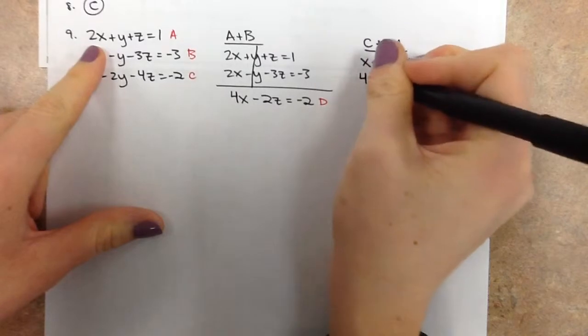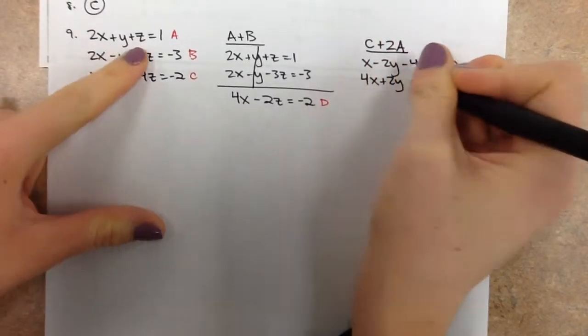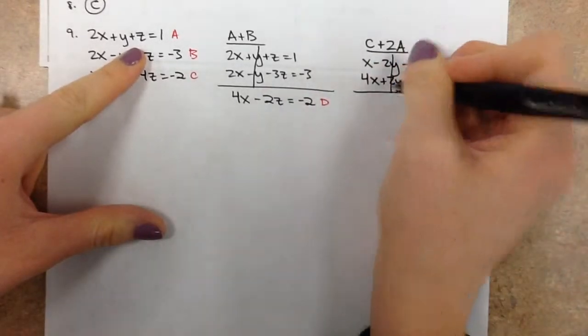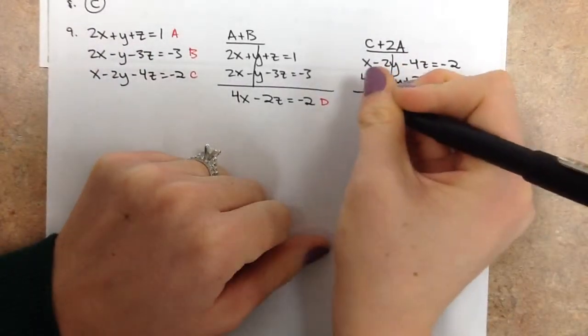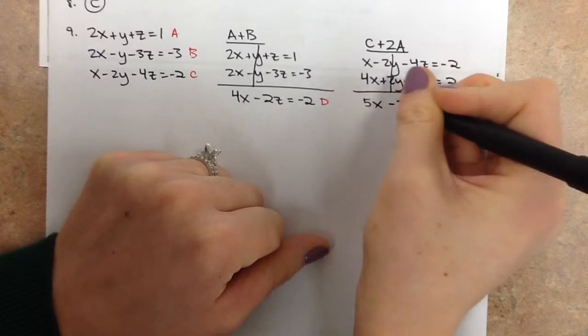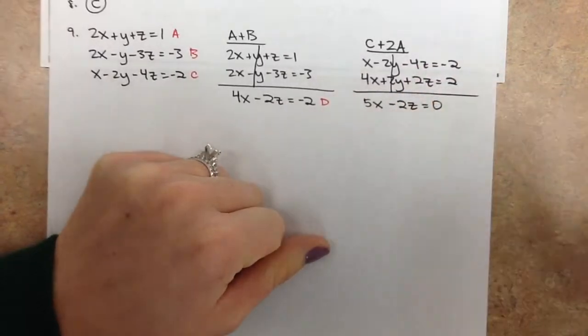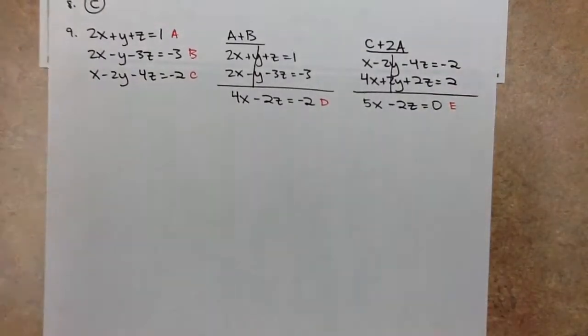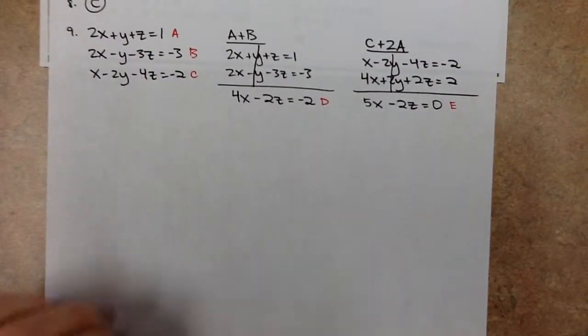So 4x plus 2y plus 2z equals 2. Okay, so that will cancel. I get a 5x, a negative 2z equals 0. So again, I've got another equation in two variables. I'm going to call that E. Now I'm ready for D and E in my next step.